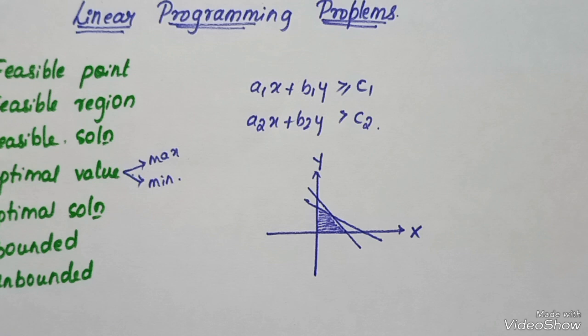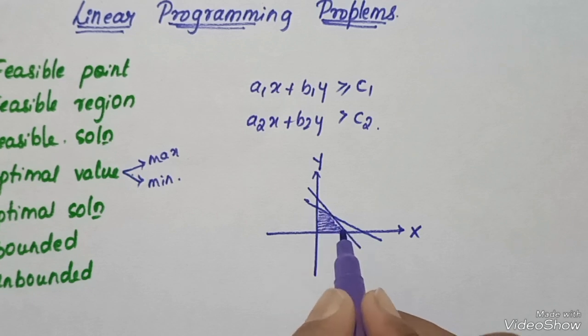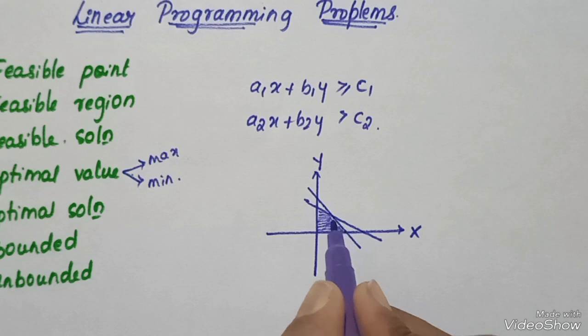Next, bounded means the common region which is covered by the corner points.